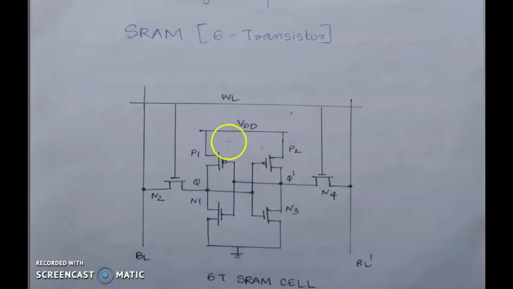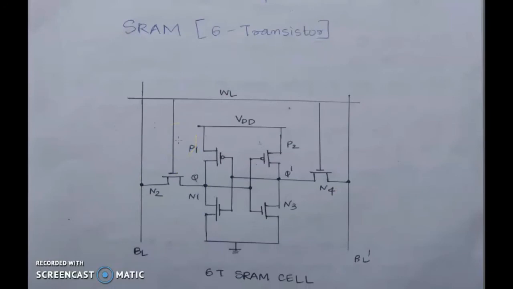So here you can see the two cross-coupled inverters, and these are bit lines. Bit lines are complement to each other, this bit line and bit line bar. And to connect the bit lines and the two cross-coupled inverters, we use these access transistors which are controlled by the word line.